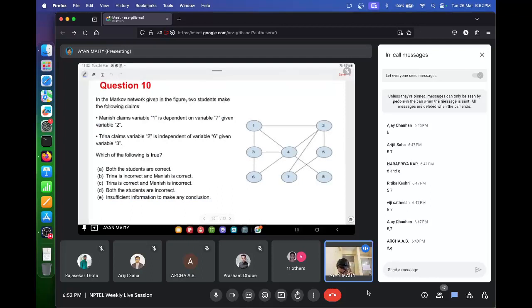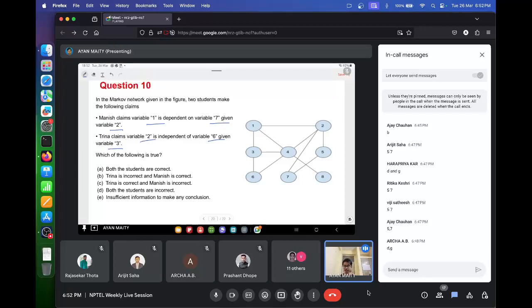Now question 10. In the Markov network given below, so the same network I am using, two students make the following claims. Manish claims variable 1 is dependent on variable 7 given variable 2, and Trina says variable 2 is dependent on variable 6 given variable 3. Which of the following is true?